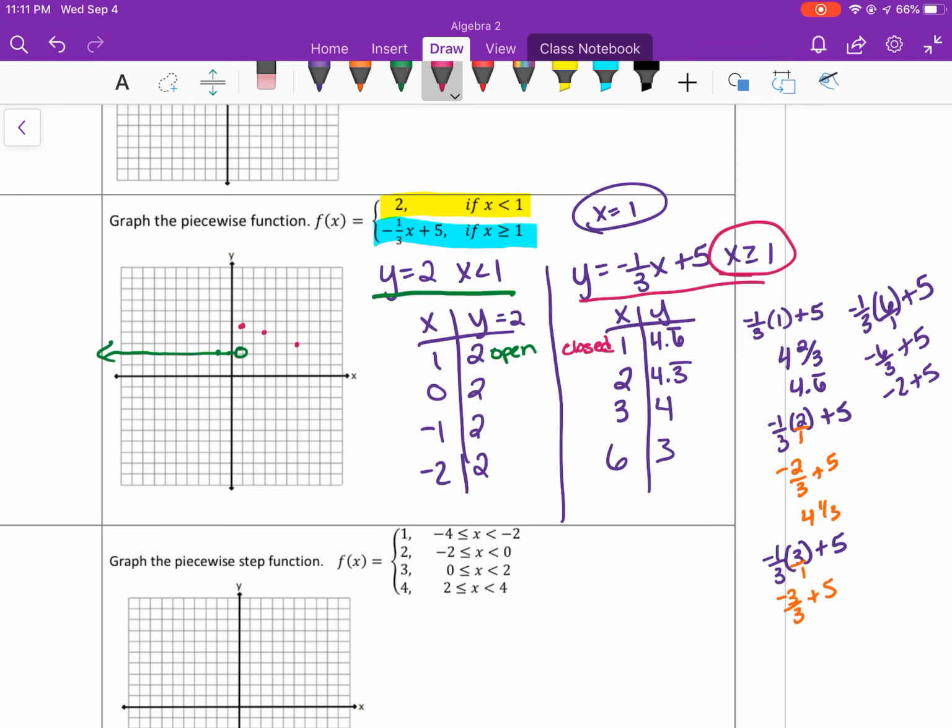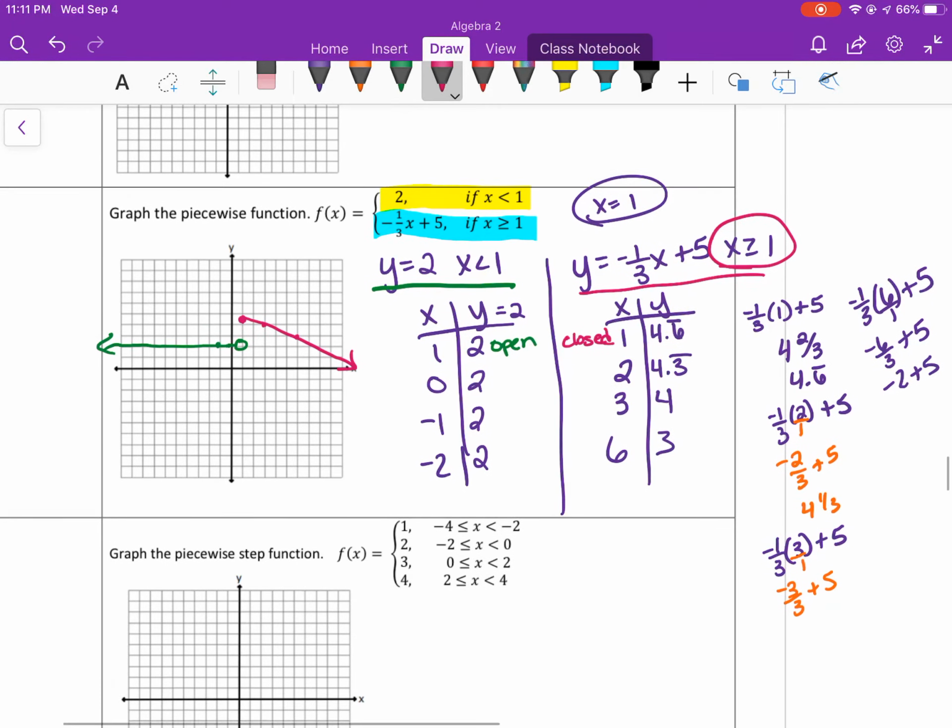And then I start at that 1 and 4.6, and then I'm going this way. So again, remember that it has to pass the vertical line test, which it does. I have one open circle and one closed circle that line up, but since it's one open and one closed, that is still a function. I'm messing up my words.